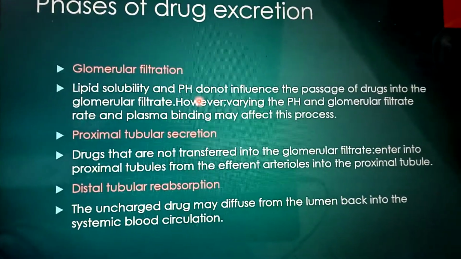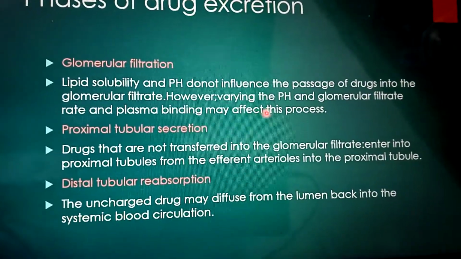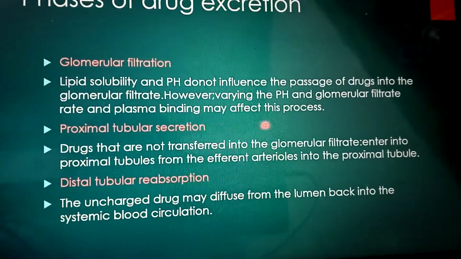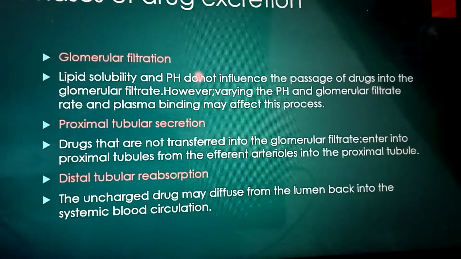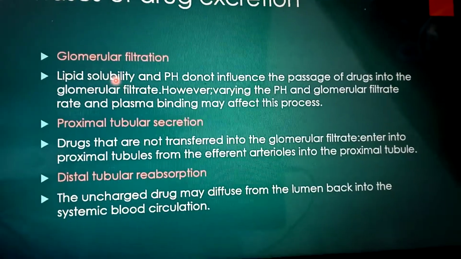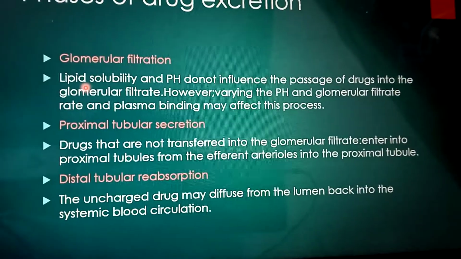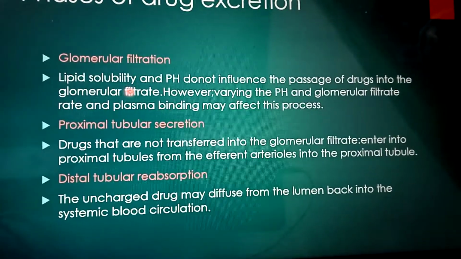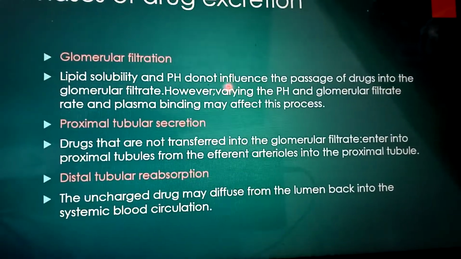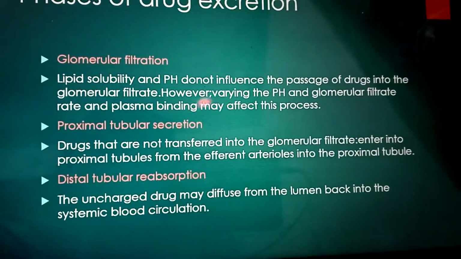Lipid solubility and pH do not influence the passage of drugs into the glomerular filtrate. However, changing the pH, glomerular filtrate rate and plasma binding may affect this process. So they are talking about how and which drugs get eliminated through the glomerular filtration process. If a drug is lipid soluble in nature, its pH does not cause any effect while passing into the glomerular filtrate.